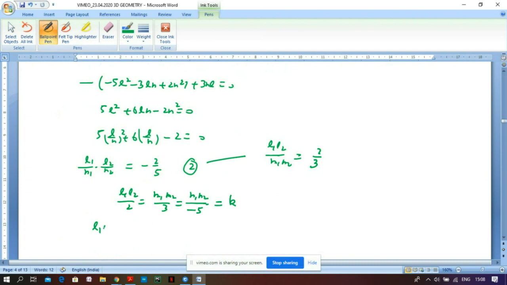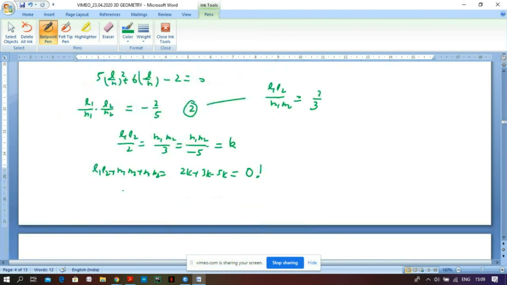Then l1 l2 plus m1 m2 plus n1 n2 will be 2k plus 3k minus 5k, that equals 0. And so it happens that we have got that the lines are perpendicular. So the angle between the lines is 90 degrees. That's what we get in this case.